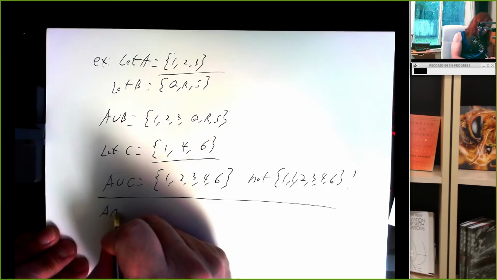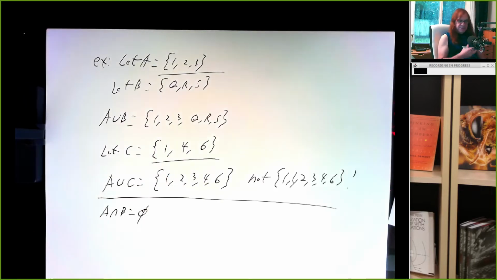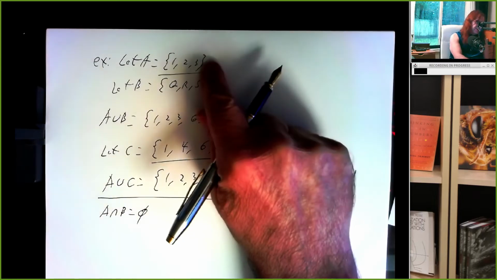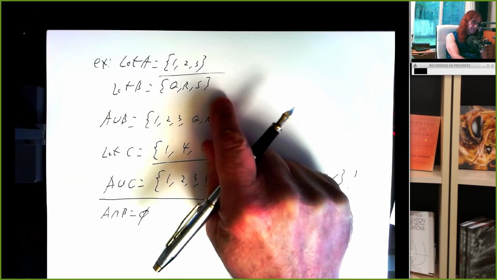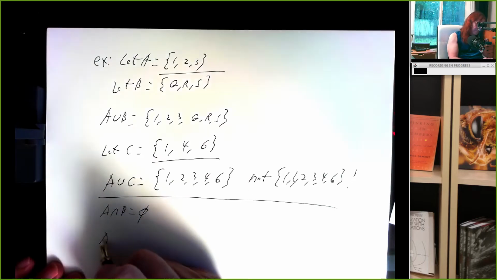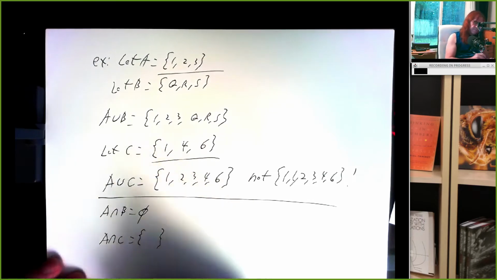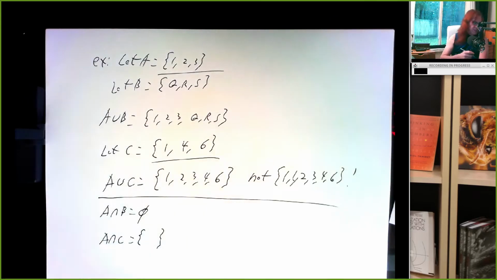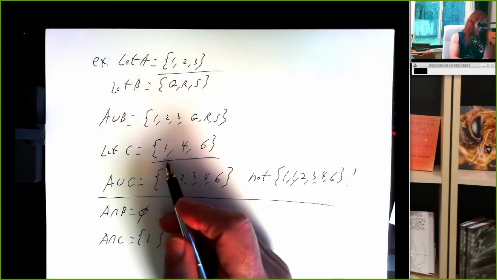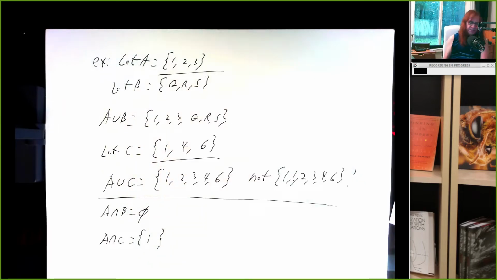For example, A intersect B is the empty set, because there's no X anywhere that's in this set and also in that set. What about A intersect C? One. That's just the singleton set containing 1, because there's a 1 in A and a 1 in C, but 2 and 3 aren't in C, and 4 and 6 aren't in A.